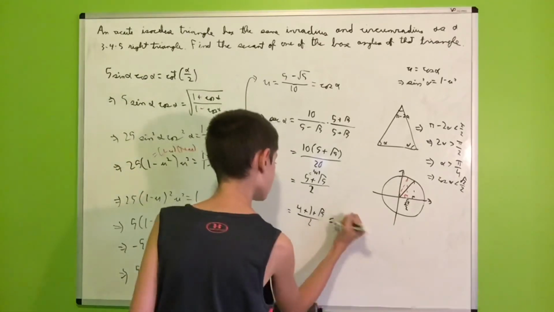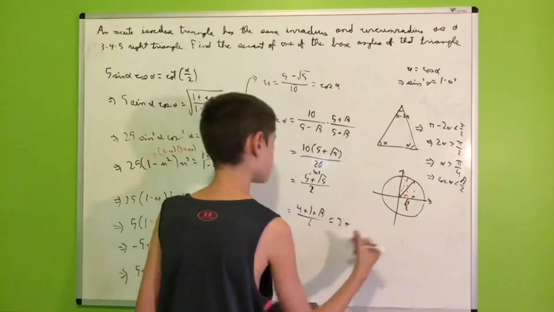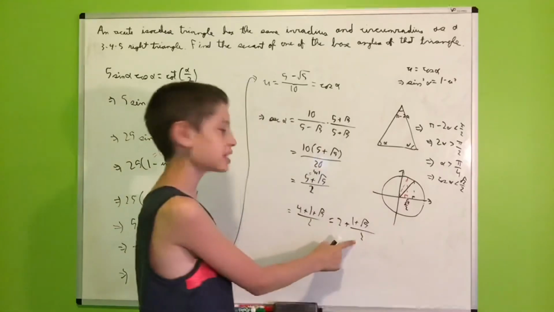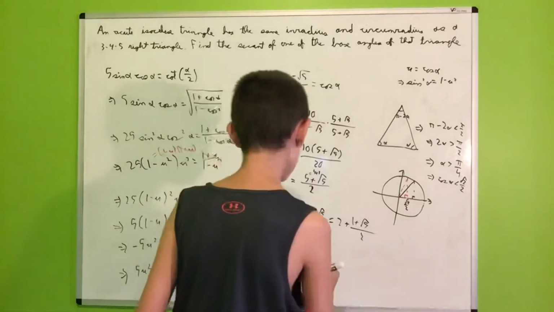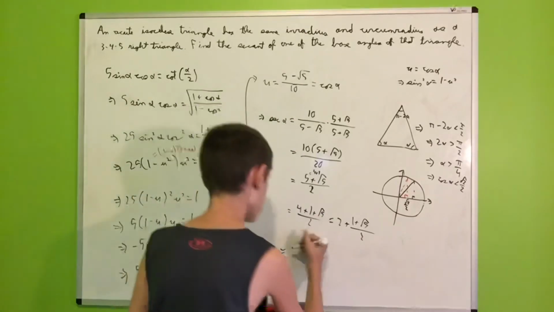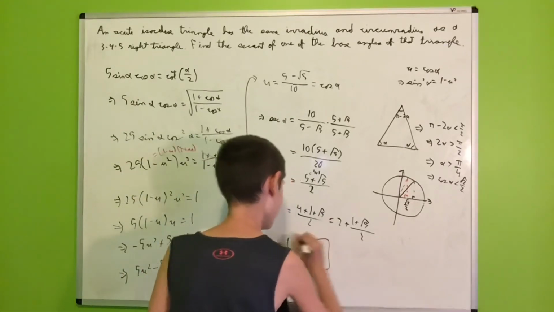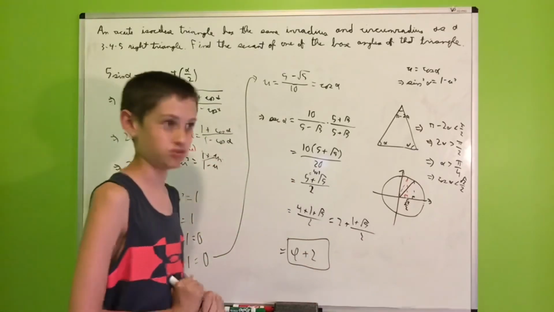So 4 divided by 2 is simply 2, plus 1 plus the square root of 5 all over 2. But what is 1 plus the square root of 5 over 2? It's exactly phi, the golden ratio, which means our answer is now phi plus 2. This is a really nice answer, as I already told you.